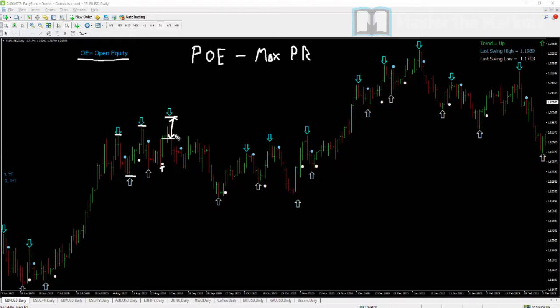Why do we need to do this? What we want to do is take trades that are going to have some legs. So basically we want them to move for a while in a particular direction, whether short or long. We want a trade that goes with a bit of momentum and has some legs on it.